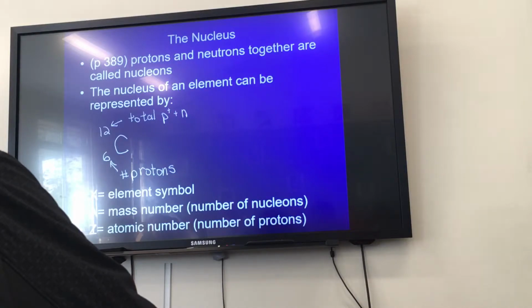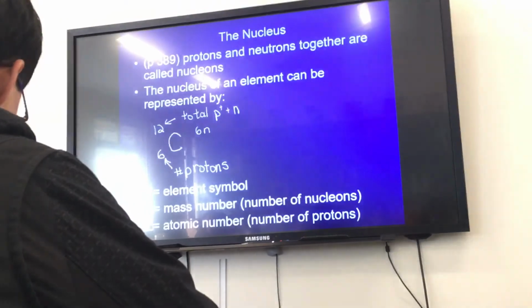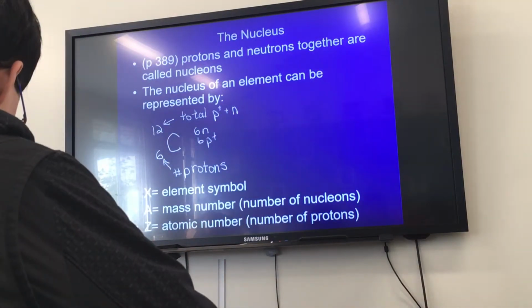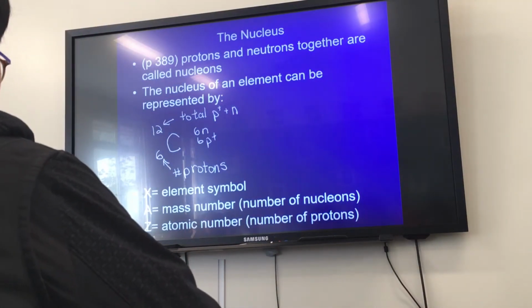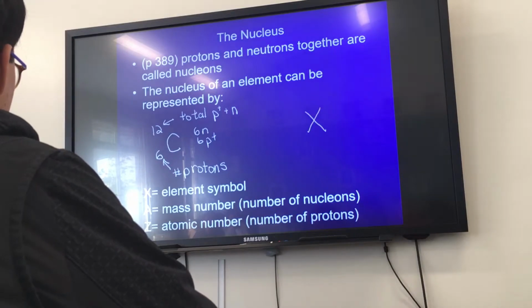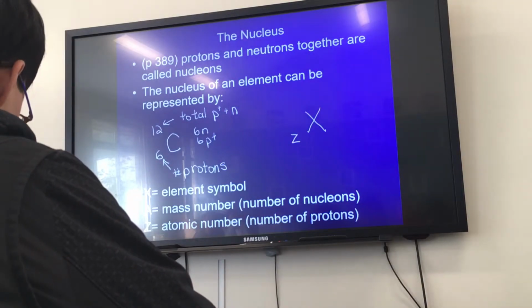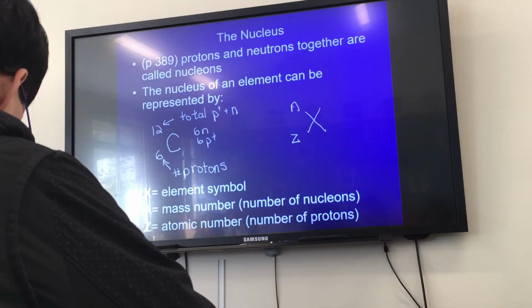So this carbon has 6 neutrons and 6 protons. Sometimes you write the element symbol like X and put a Z and an A, but it's the same general thing.